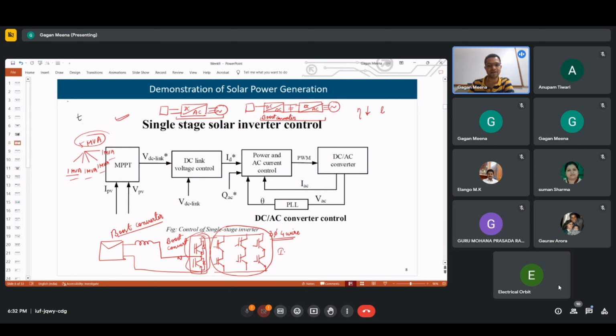Suppose this pin corresponds to bus number 5, the voltage of bus 5. At bus 5, I can connect the actual storage, or a storage emulator which will behave like the actual storage. So I can connect that storage at this bus in that model.